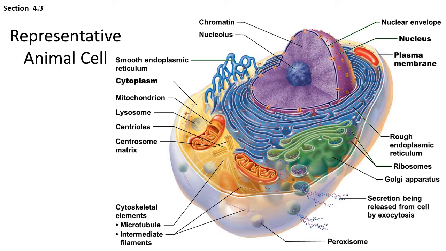Within a representative animal cell, we have chromatin, we have a nucleolus, which is where the ribosomal RNA, rRNA, and ribosomal proteins are synthesized. A smooth endoplasmic reticulum, cytoplasm, mitochondria, lysosomes, centrioles, which we do not have in plant cells, centrosome matrix.